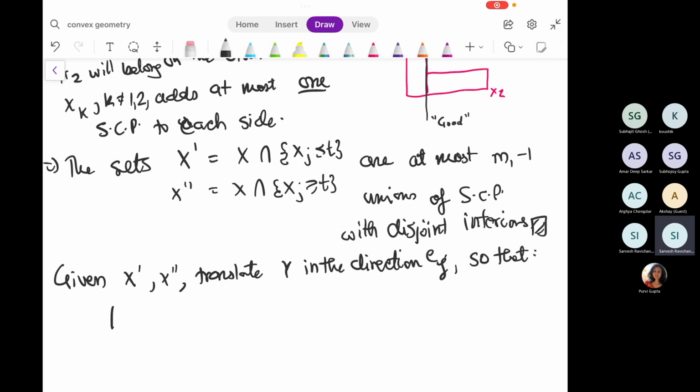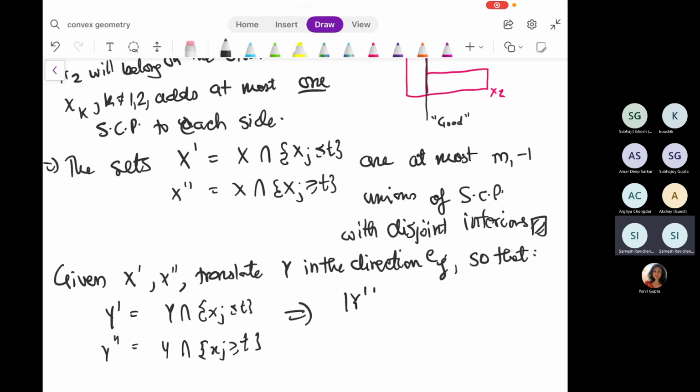If you take y prime and y double prime analogous to the x definition, y prime would be y intersection xj less than or equal to t, and y double prime would be y intersection xj greater than or equal to t. Then you would get the following relationship. The area of y prime over the area of y is equal to the area of x prime over the area of x.